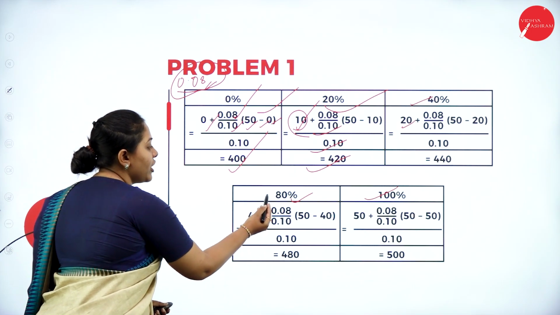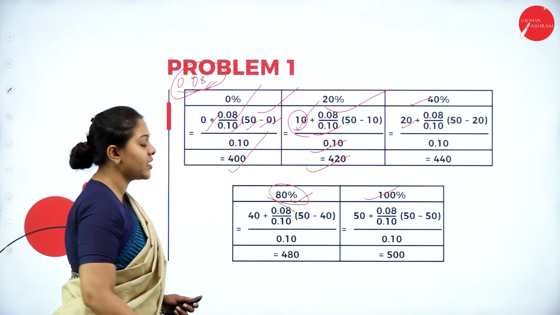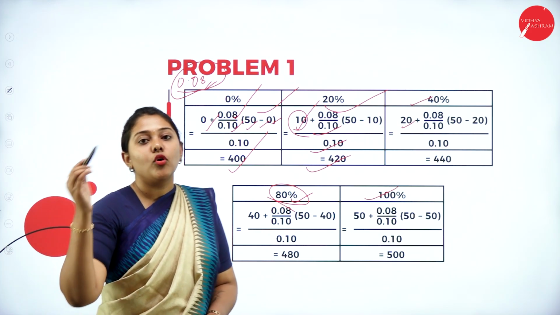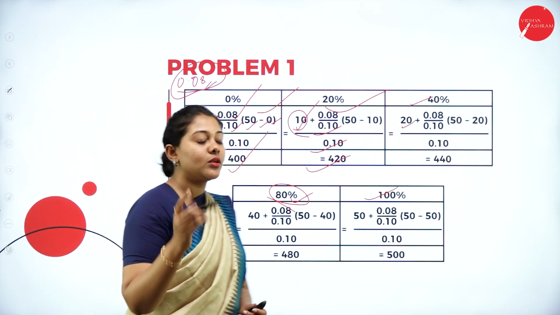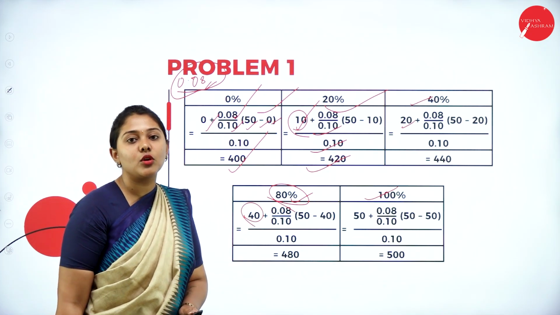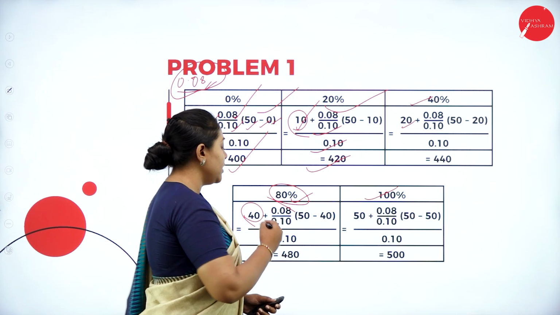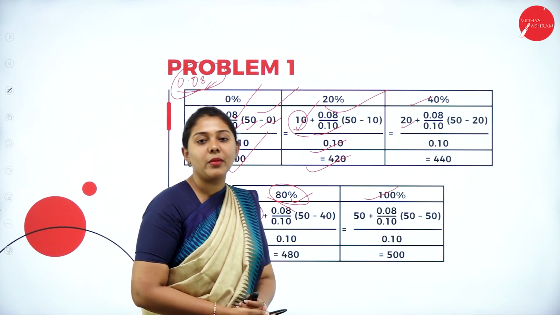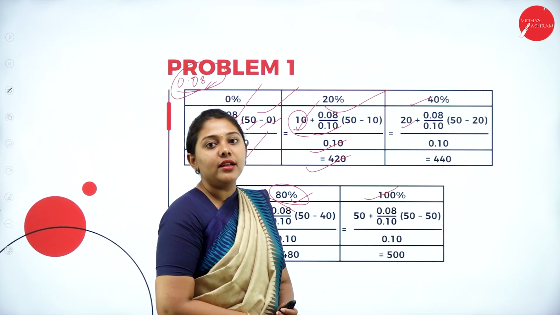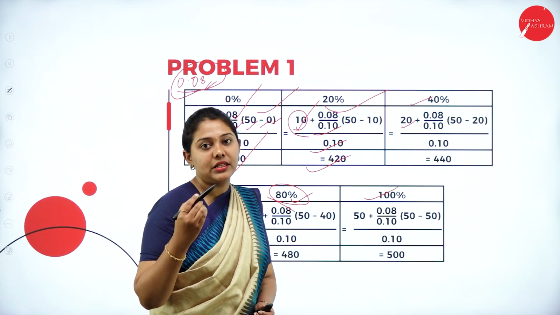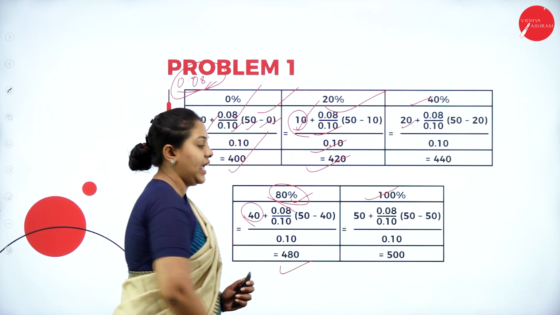Moving forward, we are taking it for 80%. So 80% dividend, the dividend per share will be 40 rupees. Return is 0.08 divided by 0.10, your equity capitalization rate, whole divided by 0.10. 50 minus 40, that is your earnings minus dividend, you get 480.